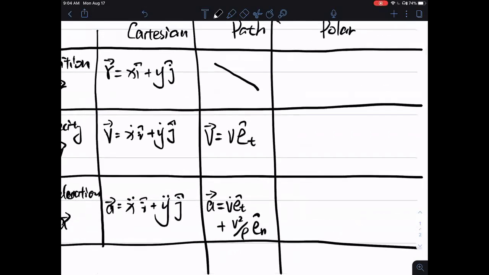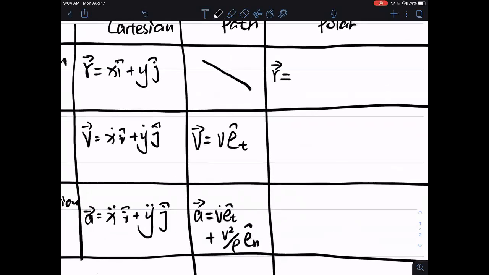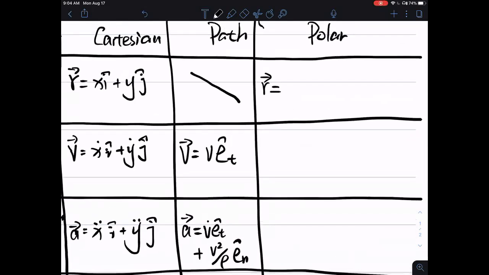Now let's talk about polar. What's the position vector under the polar coordinate system? For the polar coordinate system, the position is r, which is the radius from the origin to the particle, times e, should that be er or e theta hat? er.